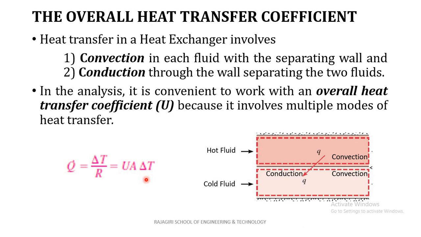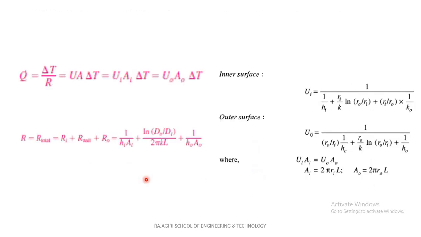Okay, so you can see the overall heat transfer coefficient equation here. If it is a tube-in-tube heat exchanger, we know that the area of the heat exchange process is increasing continuously in the radial direction. At the inside, the area is lesser than the outside surface area of the heat exchanger.